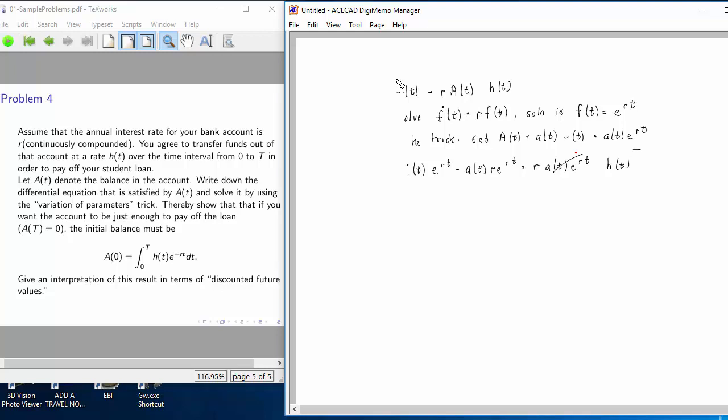It's this cancellation that makes the trick work, because now I can write down a formula for the time derivative of little a: a dot of t is equal to e to the minus rt times minus h of t. Now I integrate this from the present until the time capital T at which I want my loan to be paid off.